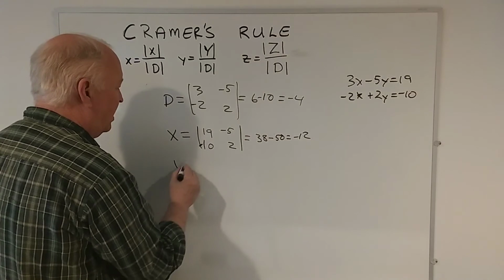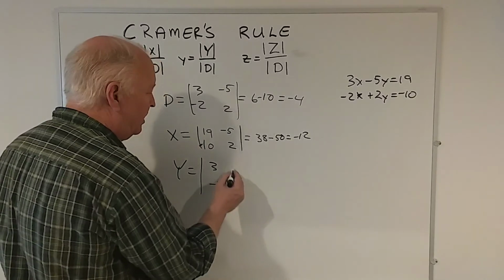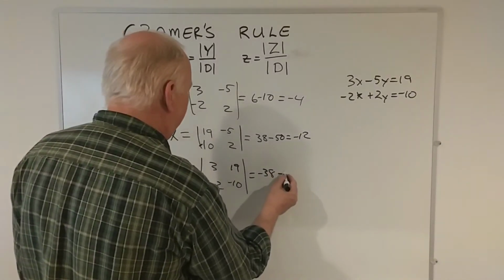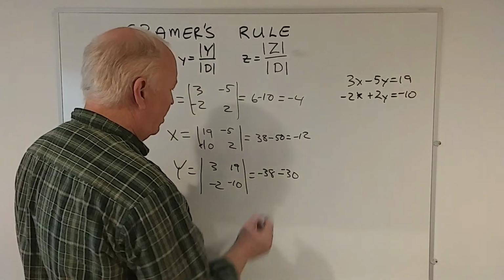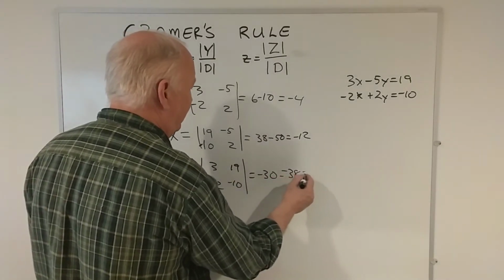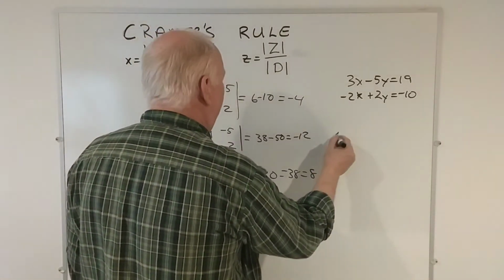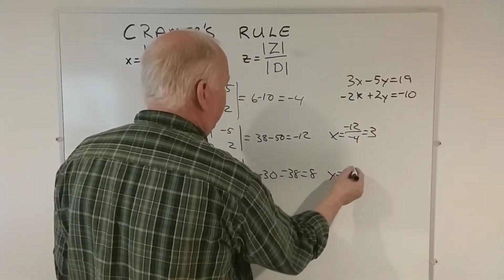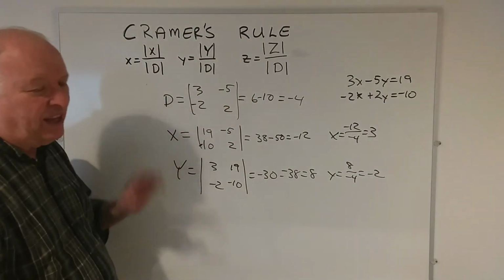And then y is 3, negative 2, 19, negative 10, and that's negative 30 minus a negative 38, which is 8. And you see that we get x equals negative 12 over negative 4, which is 3. And y equals 8 over negative 4, which is negative 2. If you got that, you did pretty well.